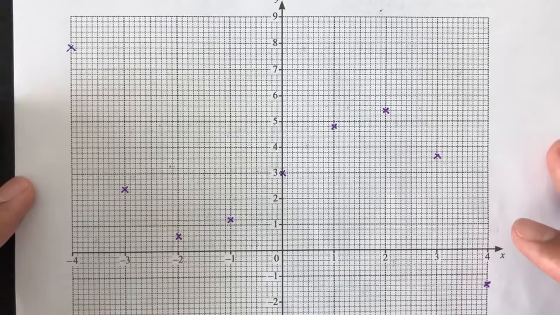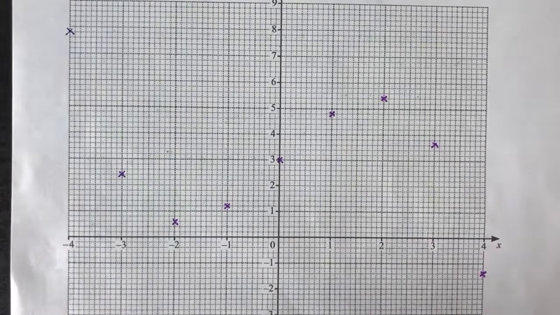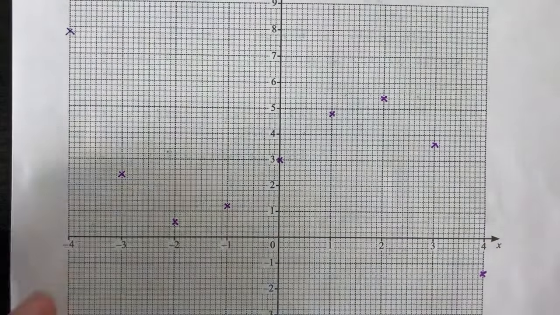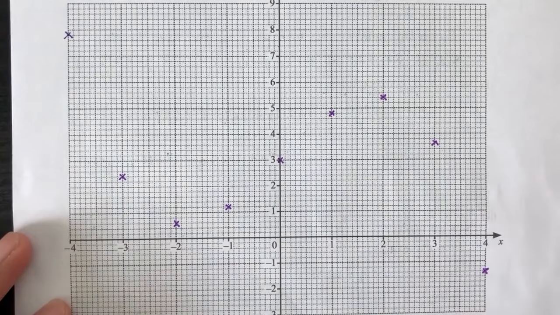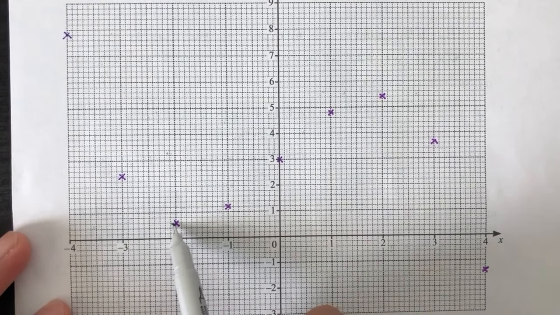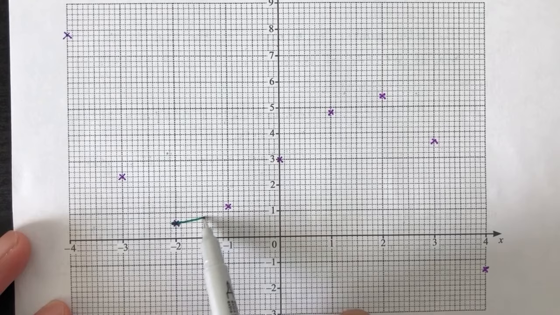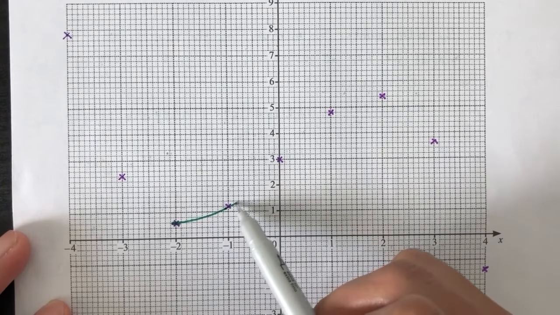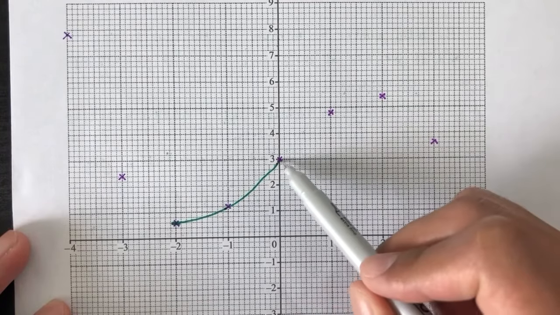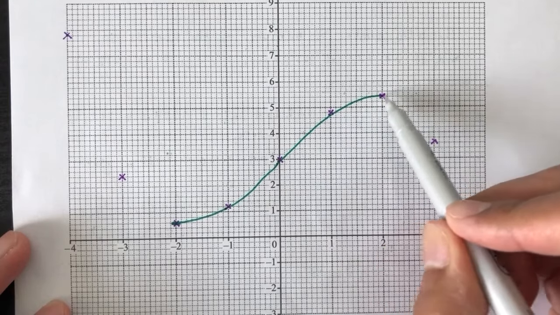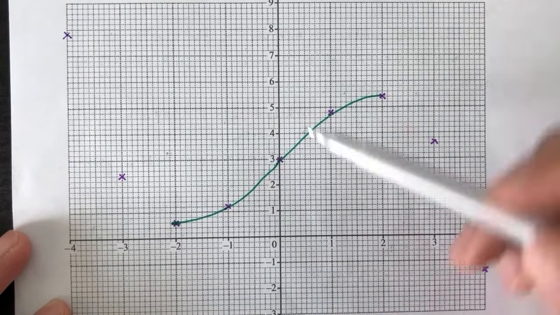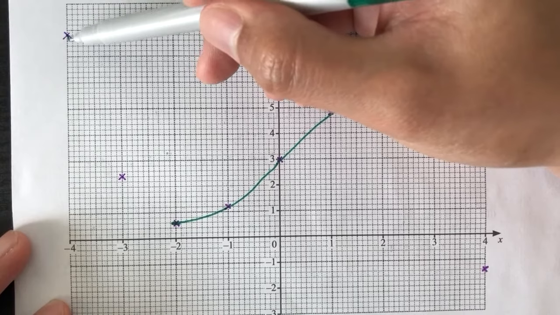Let's try to draw a graph to connect all those points together. You have to make sure that your graph actually goes through all the points, so be careful with that. This is the point here. You have to go up. And this one will be this shape, a U shape.